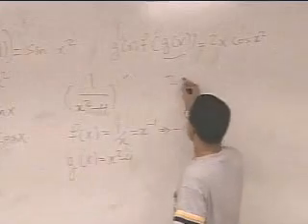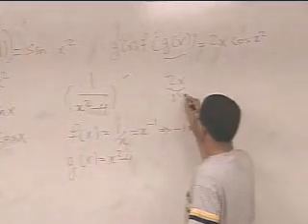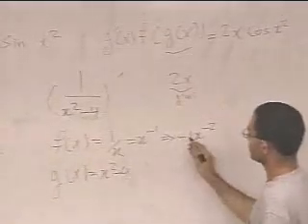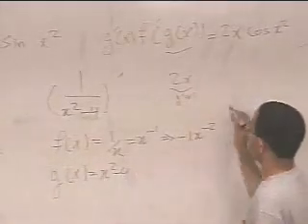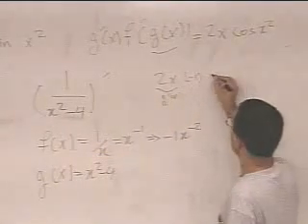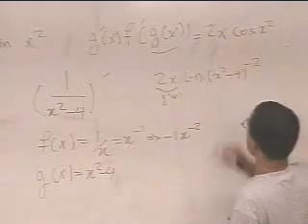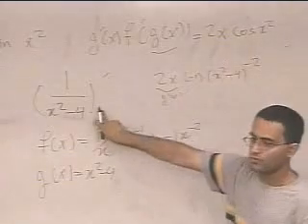So this is the g prime of x, and this is the f prime, but we need the f prime of g of x. So minus 1, x to the minus 4 to the power of minus 2, and so on. So this would be the result.